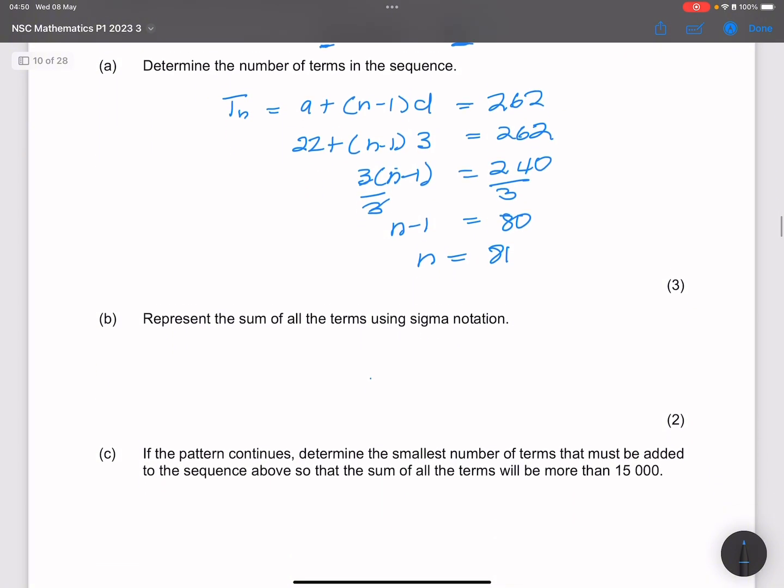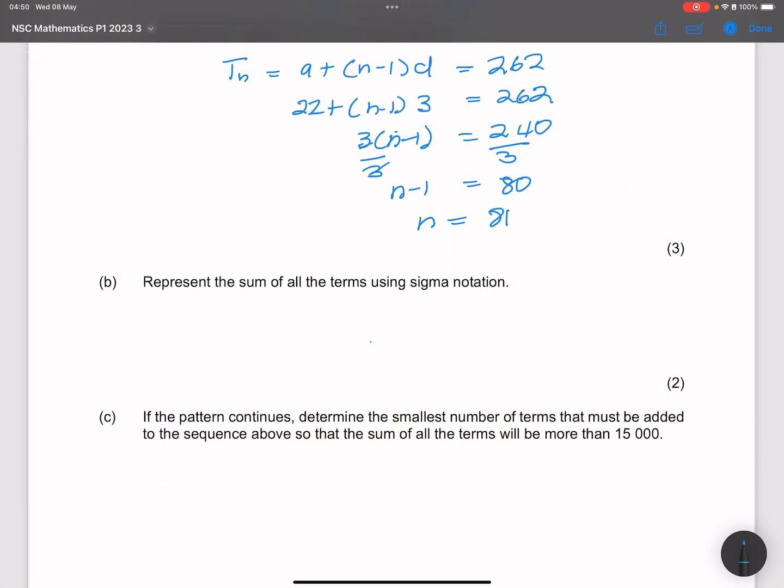All right, going to the next one, they say represent the sum of all terms using sigma notation. Now, for our sigma notation, let's express the general term of the sequence. So in this case, this is going to be a plus n minus 1 d, but we already know what a is: 22 plus n minus 1 times 3, right?